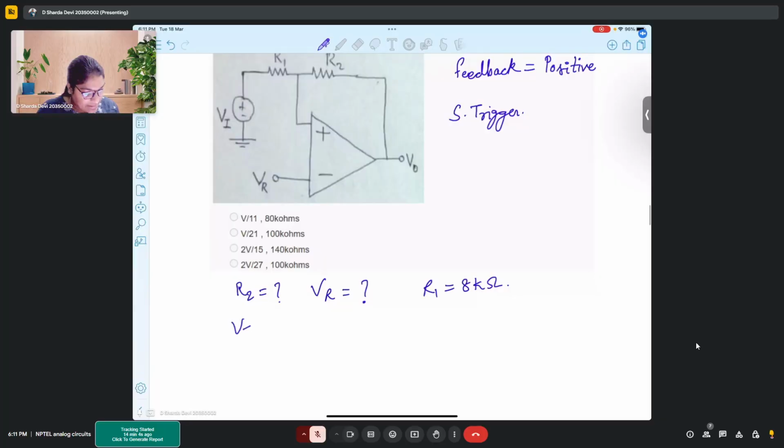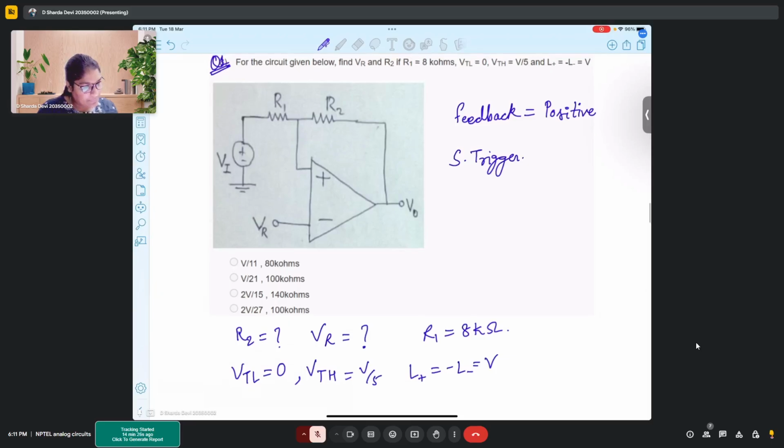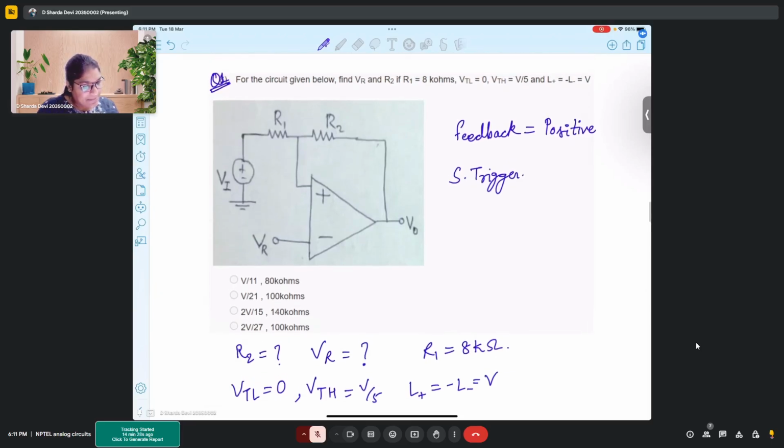It is given that VTL is 0, VTH is V by 5, and L plus and L minus are V. So what are L plus and L minus? These are the limits, and these are given as V.